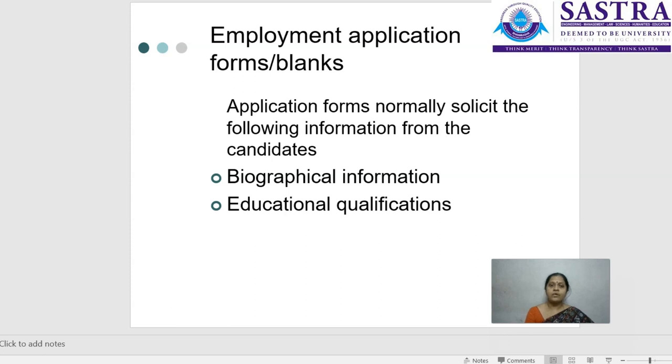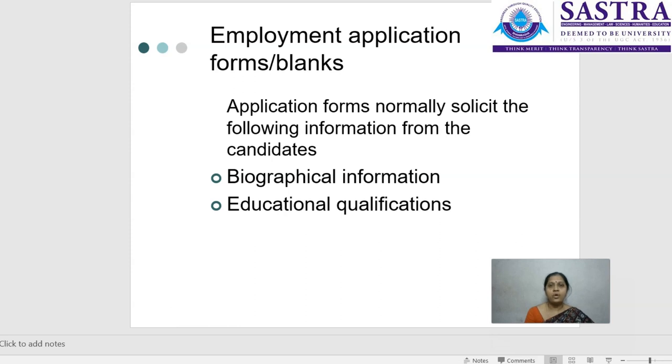So here some organizations are also making use of some weighted application forms. So it is to gather relevant information and also to predict the chance of success for a candidate in the organization, so in the job.